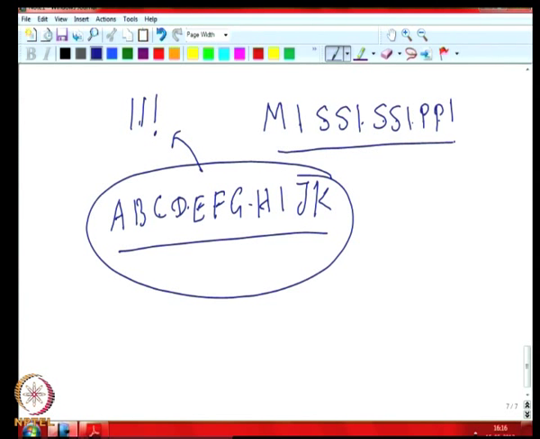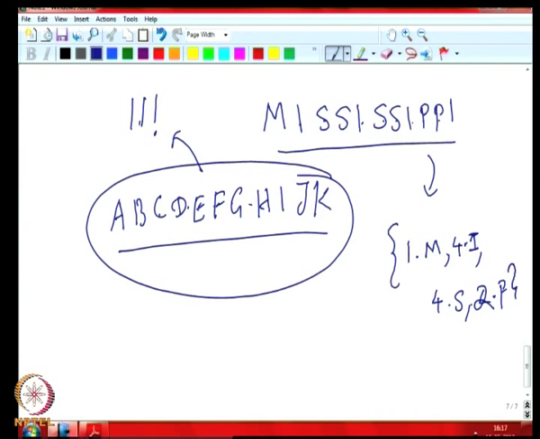But here the difficulty is that several letters are repeating. So, this is not just a set of 11 letters, this is a multiset of 11 letters. The multiset is like this: there is one M and 4 I's, and then we have 4 S's, and then we have 2 P's.